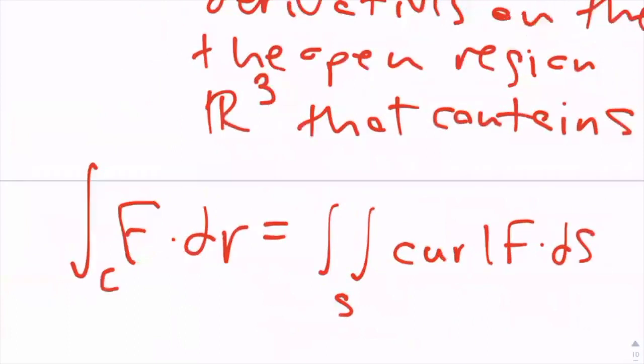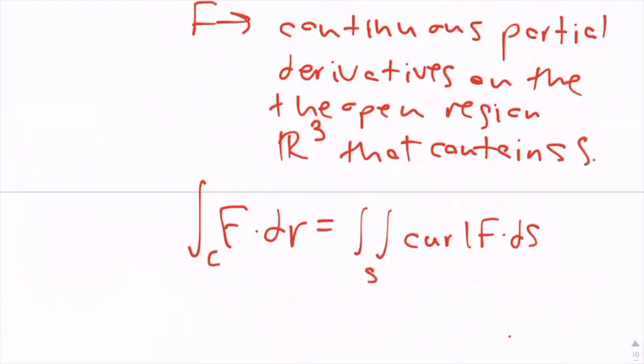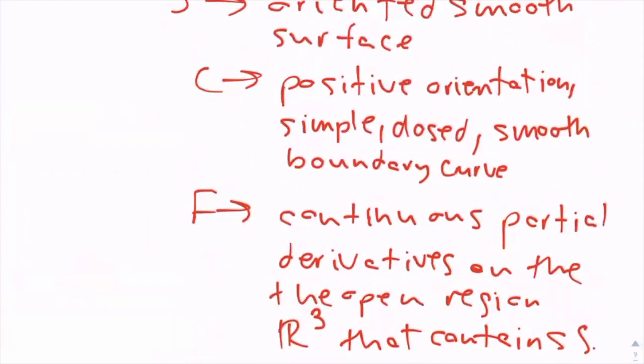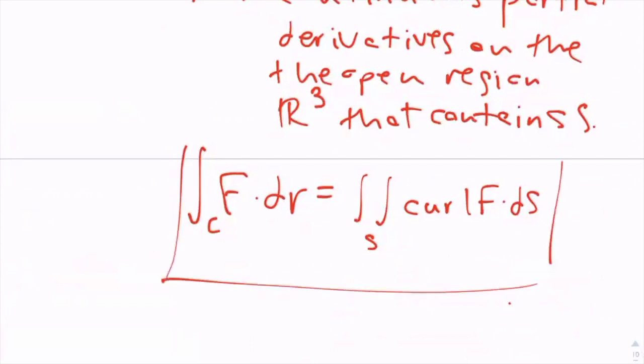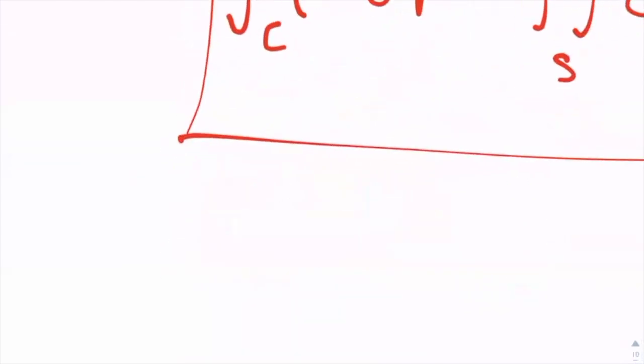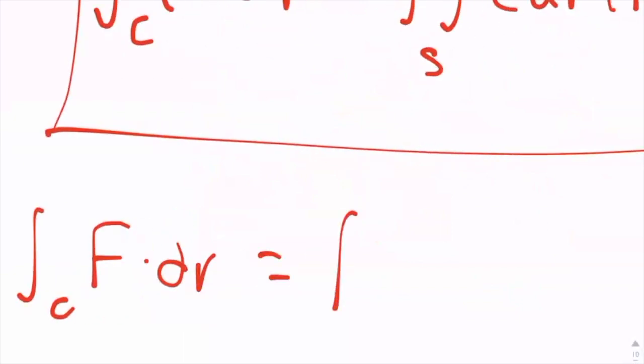And as I mentioned earlier, this is basically just relating a line integral to a surface integral. And that is all that Stokes' theorem is doing. It's making that relationship through this formula. And when looking at this formula, we already know that this integral right here is equal to this.